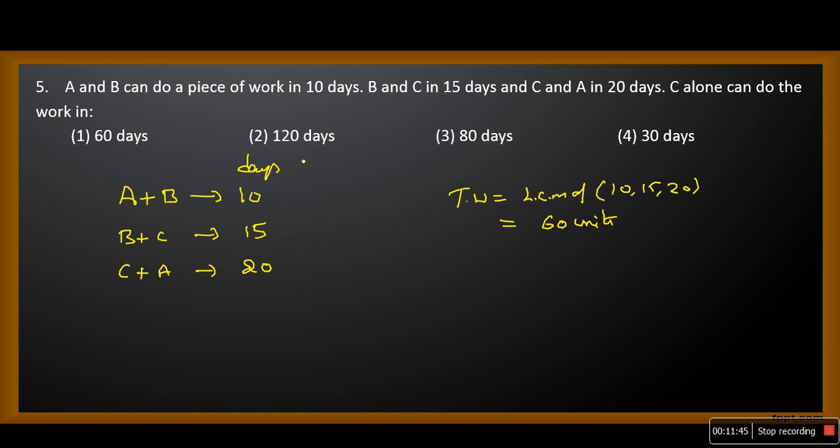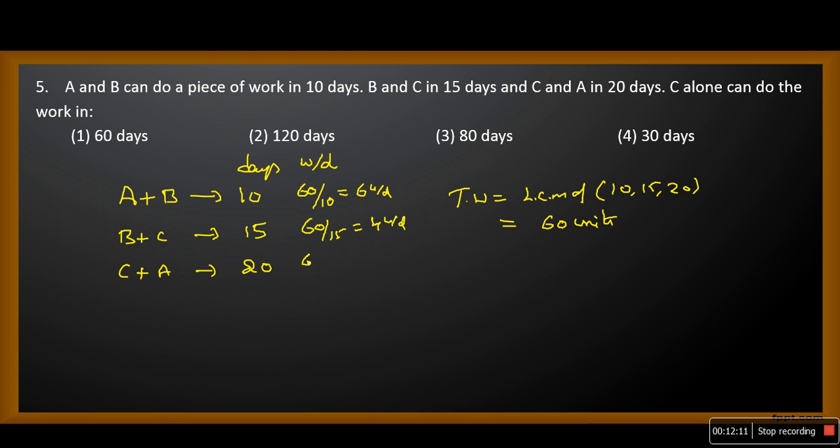So let us find work done per day. A and B take 10 days to do 60 units. Per day means total work by number of days, so they will do 6 units per day. Similarly, B and C will do 60 by 15, 4 units per day.